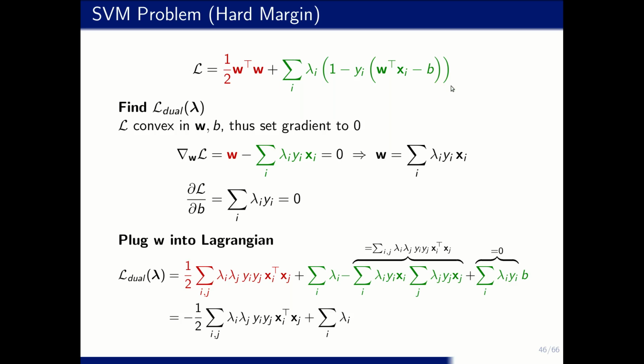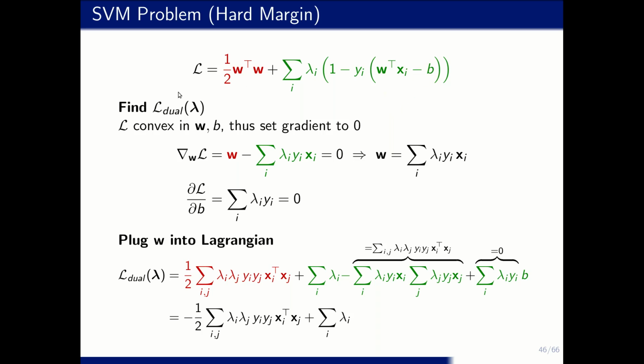This is our Lagrangian. Recall, we want to compute this L dual function, and we want to minimize out our primal variables. These are the W's and B. If we look at the Lagrangian, we see W appears in a quadratic function, and here linearly, and also B linearly.